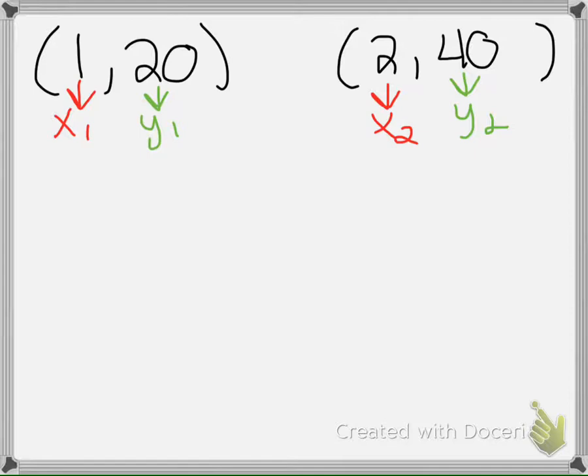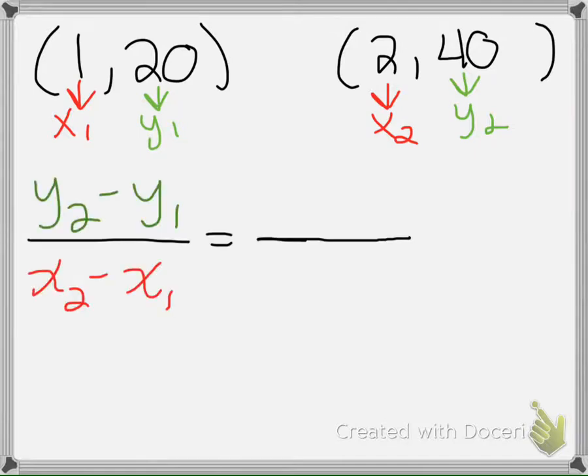So we're going to get the slope formula, which is y2 minus y1 over x2 minus x1. Now we're just going to plug in the numbers that we labeled. So y2. Look at your coordinates and see what you labeled for y2. We labeled 40 as y2, so we're going to write 40 minus.